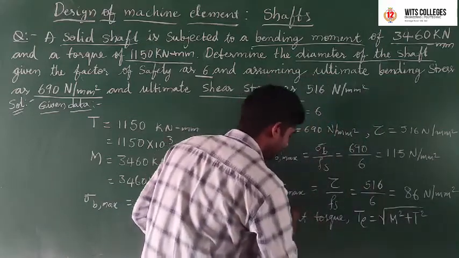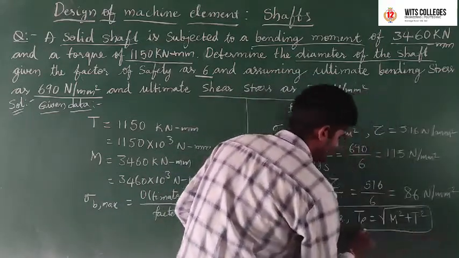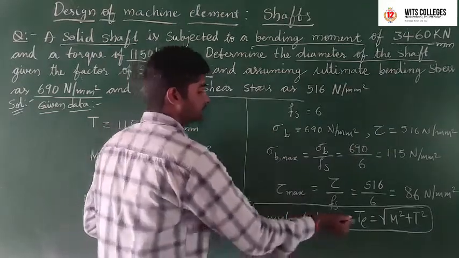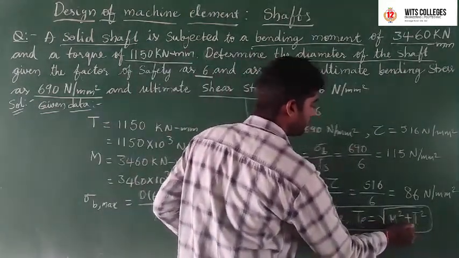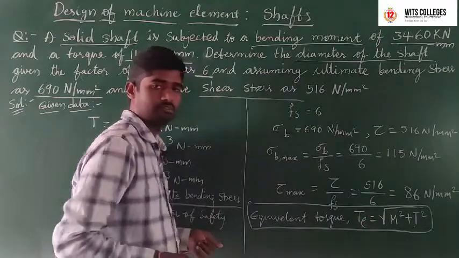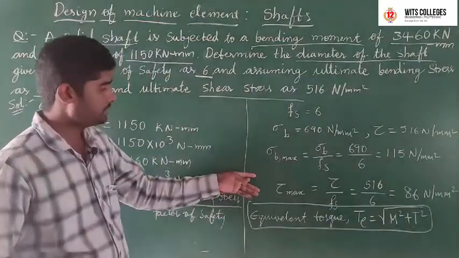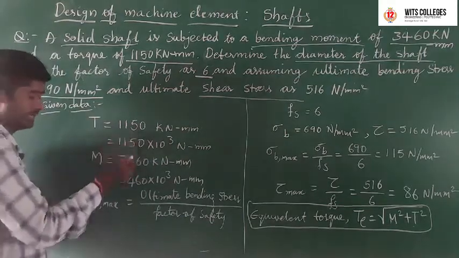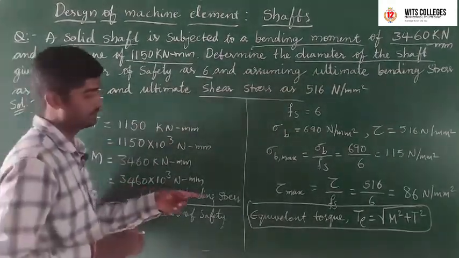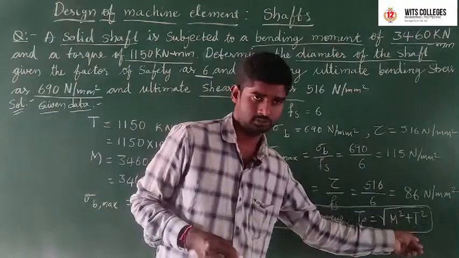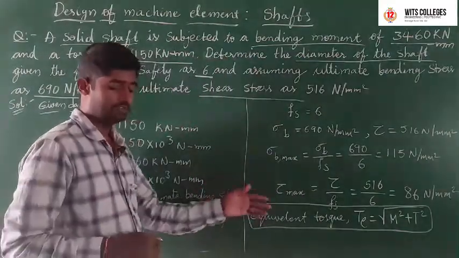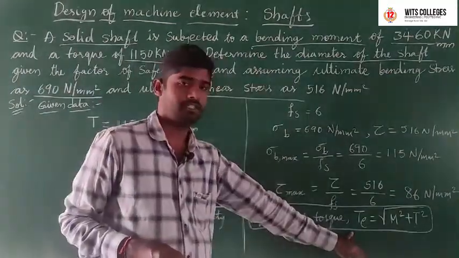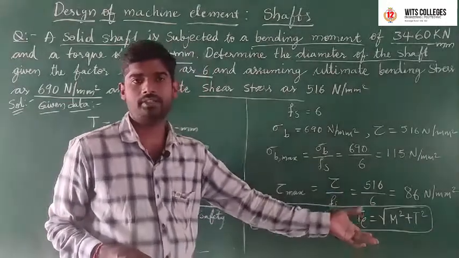This is the equivalent torque formula. Substitute the bending moment and torque values in the TE equation, and then find the diameter D.